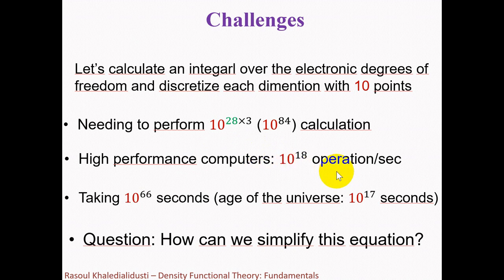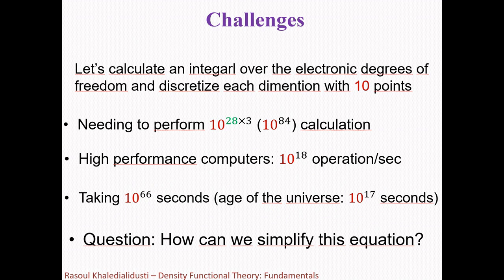It's a big number. If we want to do the calculation of 10 to the power 84 using this supercomputer, we need 10 to the power 66 seconds. That's quite a long time. It's more understandable when we take into account that the age of the universe is 10 to the power 17 seconds.